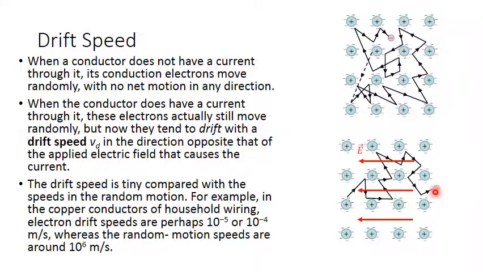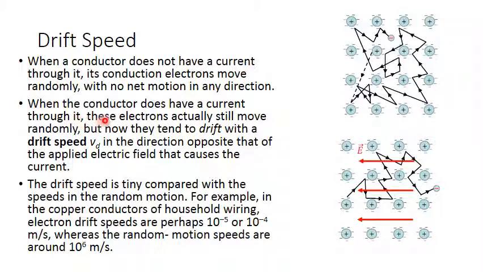In this case, the electrons still move in random motion, but with a net velocity in the direction toward the positive charge which produces the electric field. Or in other words, they move with a net velocity opposite to the direction of the electric field.